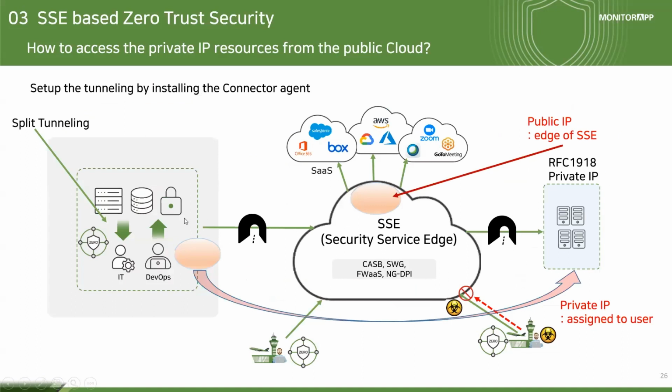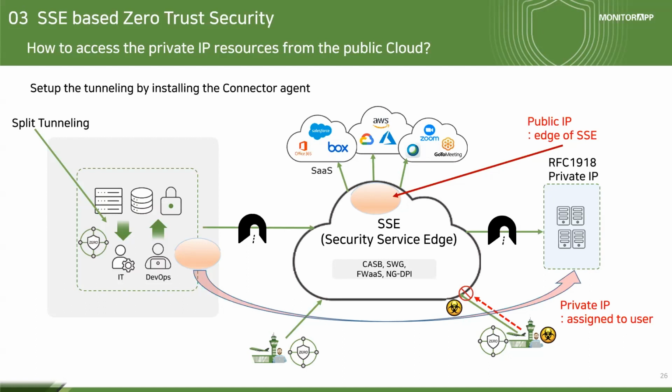So as I mentioned, if you apply the SSE platform, the traffic is tunneled to the SSE platform, and the source IP will be the edge of SSE, which is a public IP. But if you have your own company application in your office with a private IP address, then basically it's impossible to access the company application.